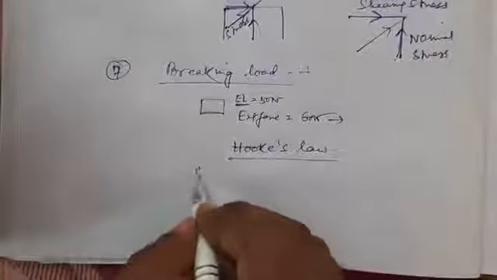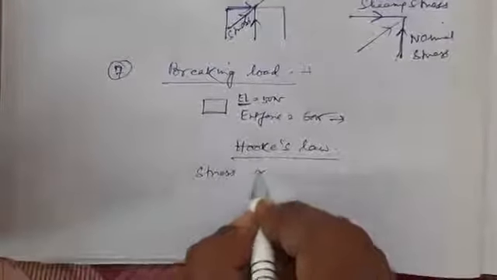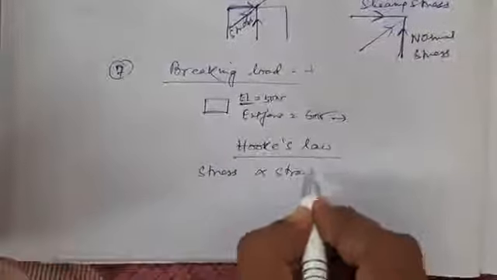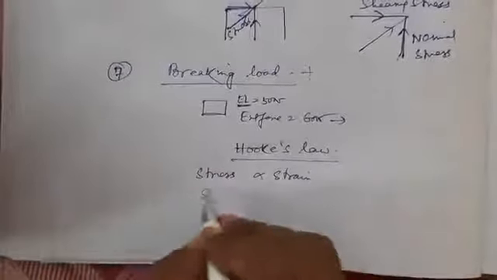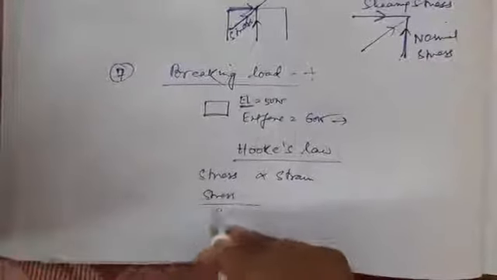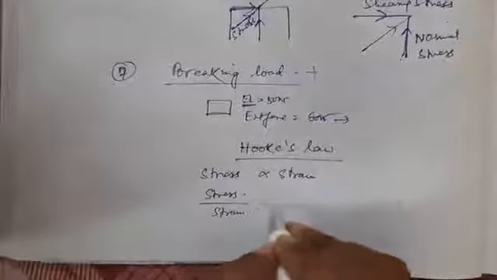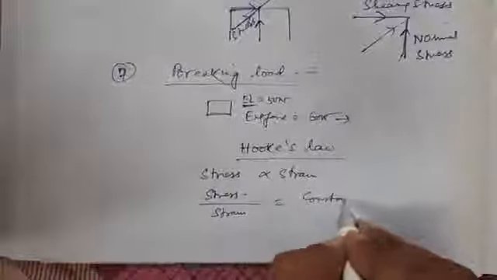Now Hooke's law, simply we can write stress proportional to strain, but this is within the elastic limit, or we can say stress by strain is a constant term.